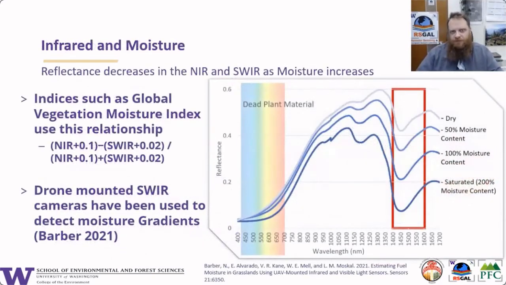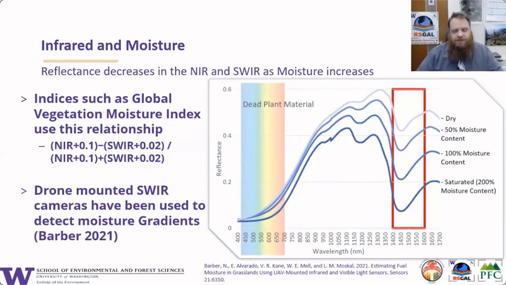A lot of the remote sensing techniques used to describe moisture across an area use the fact that in the near infrared section of the electromagnetic spectrum, around 1400 to 1600 nanometers, the energy is greatly absorbed by water.